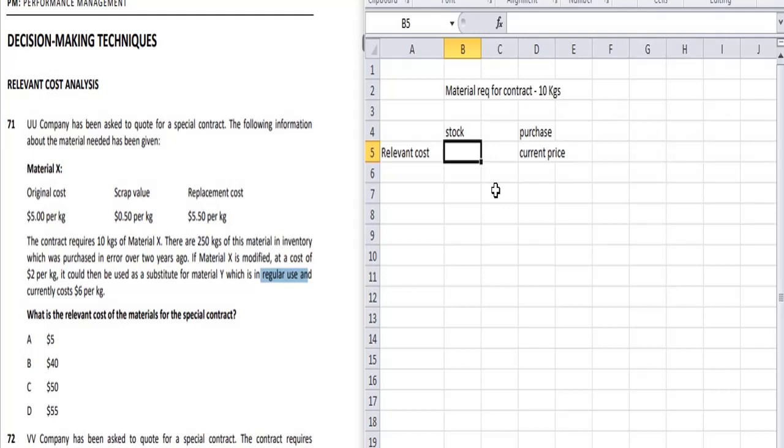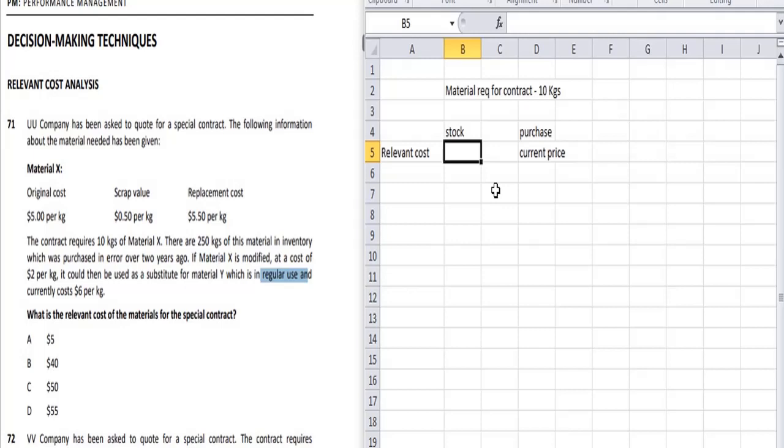If it has an alternative use, then the relevant cost will be the higher of the alternative use cost or its disposal value. Or in some cases, if the alternative use cost of the material has not been given, the disposal value will be the relevant cost. I hope this is clear.